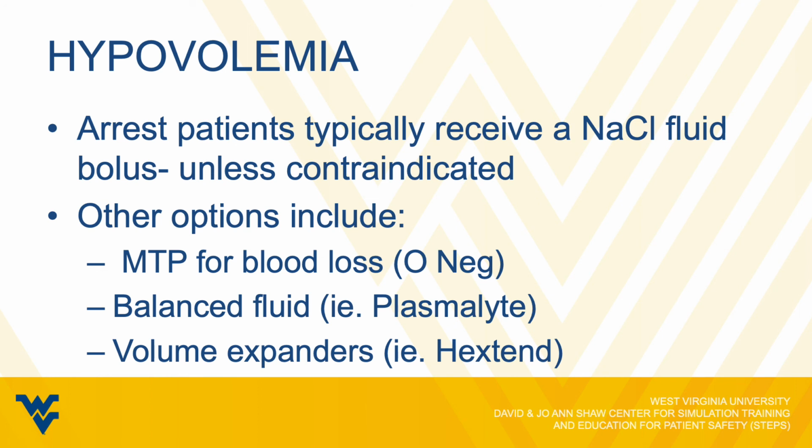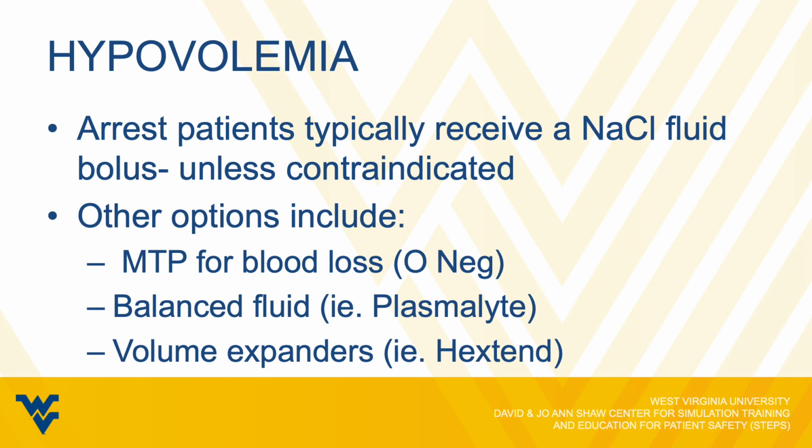H is hypovolemia. Most arrest patients you'll see will have a fluid bolus. They'll get a fluid bolus partly as a way to help administer and flush drugs into the system, but also as a way to help correct any underlying hypovolemia. So remember to think about hypovolemia from all causes. Typically we think of this as massive bleeding in a trauma patient.